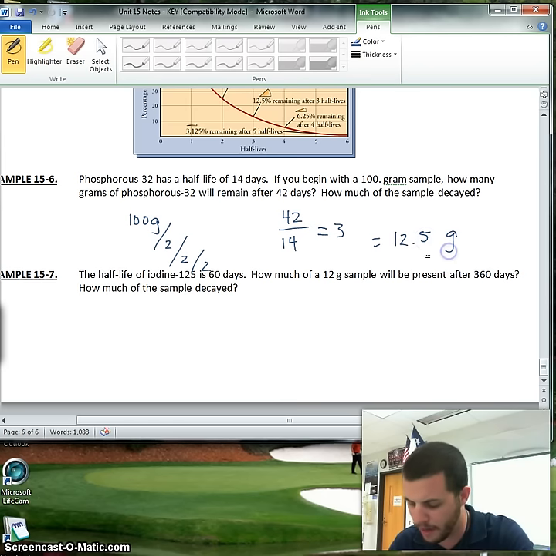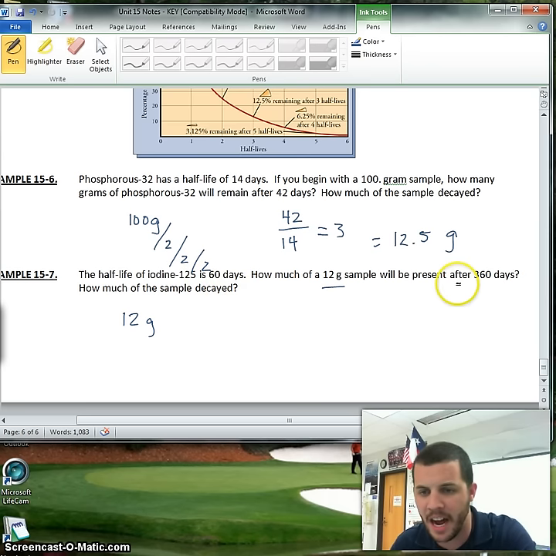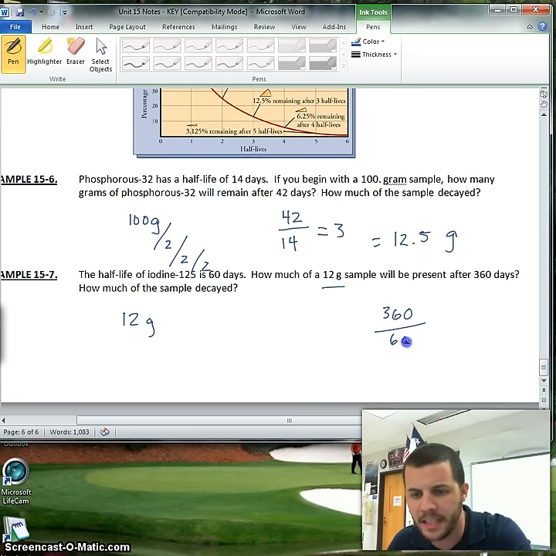12.5 grams. For the next problem, it says the half-life of iodine 25 is 60 days. We're starting off with 12 grams. I know the half-life is 60 days, and I am going to wait for 360 days. So 360 divided by 60 is 6 half-lives. So I'm literally going to divide this by 2 6 times.